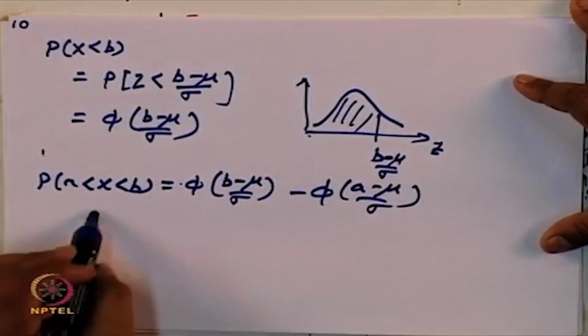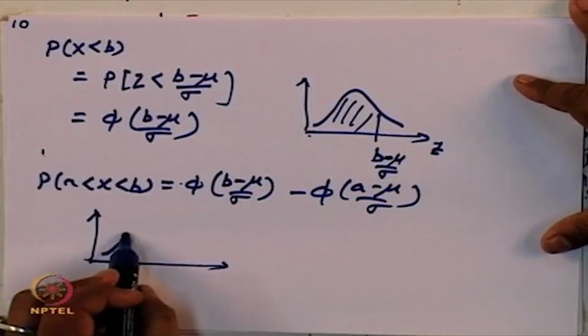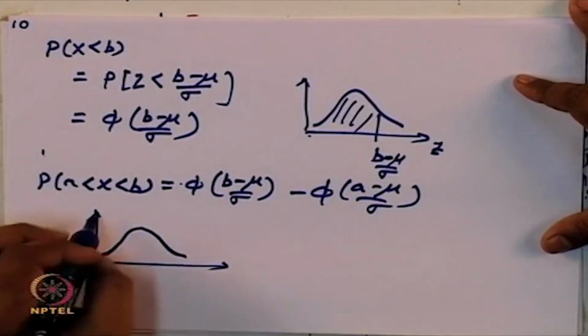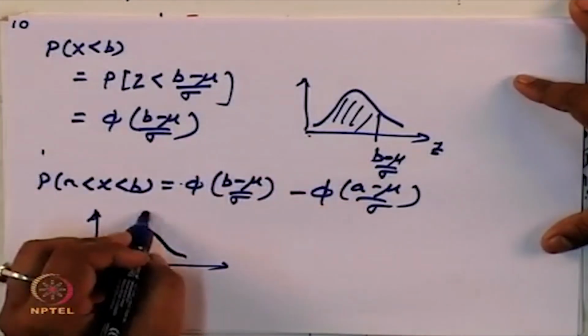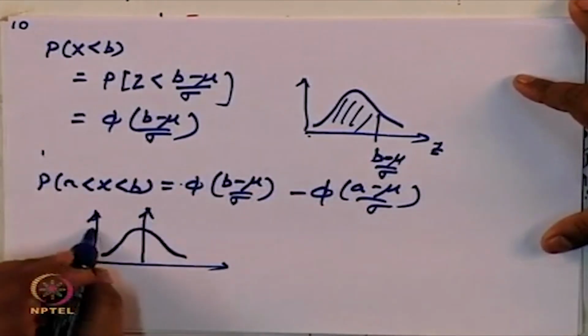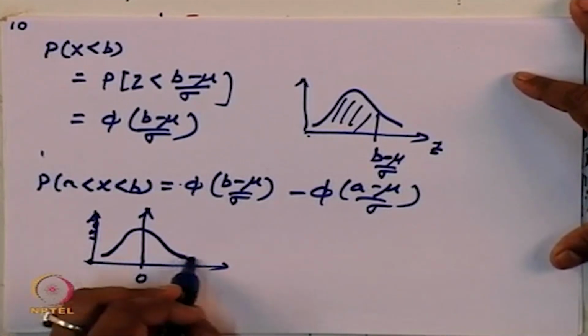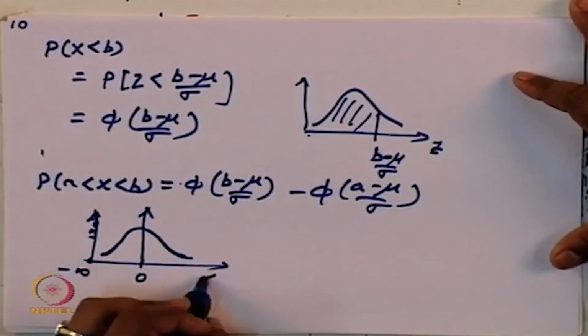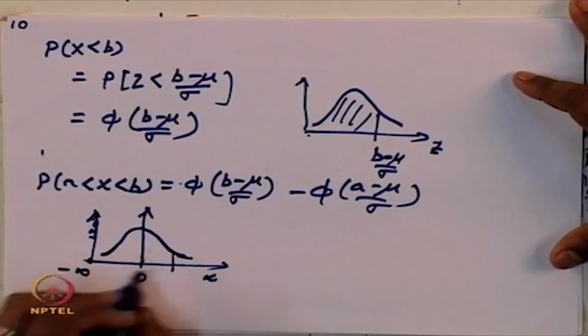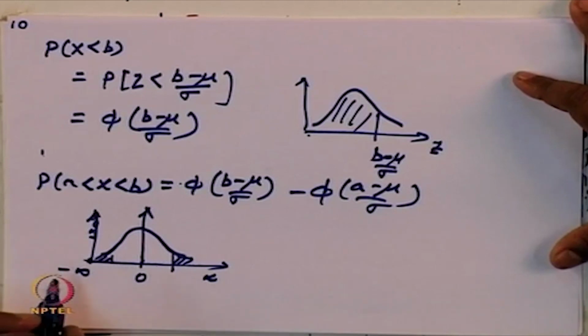One more thing, because of symmetry: if this is your distribution, this is for the entire x. For phi, the mean is always equal to 0, so you have minus infinity to infinity. For any value x, this area will also be equal to this area.